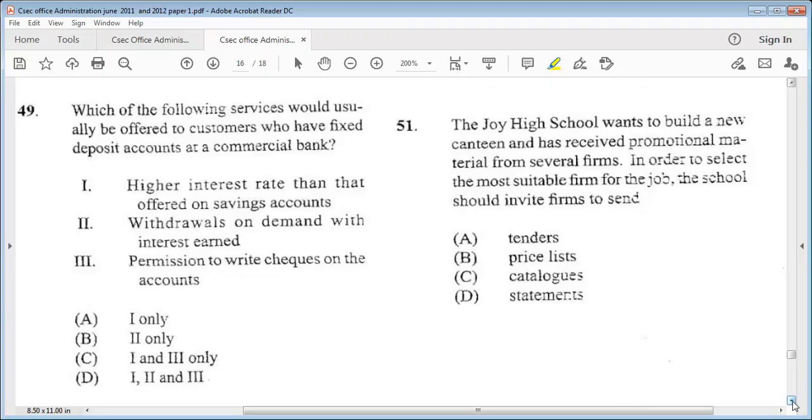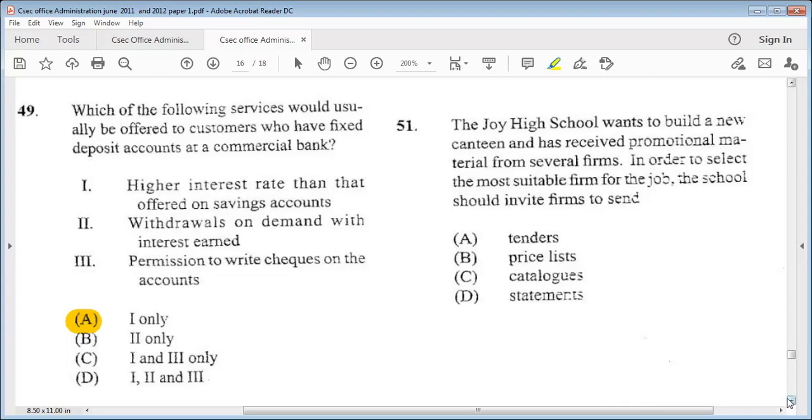Is it A, 1 only, B, 2 only, C, 1 and 3 only, or D, 1, 2, and 3? Our answer is A, 1 only, higher interest rate than that offered on savings accounts.